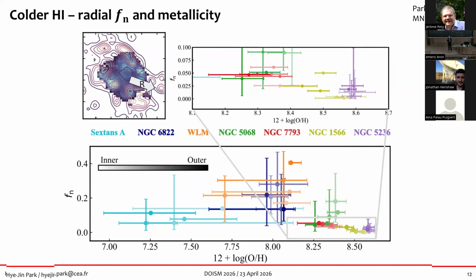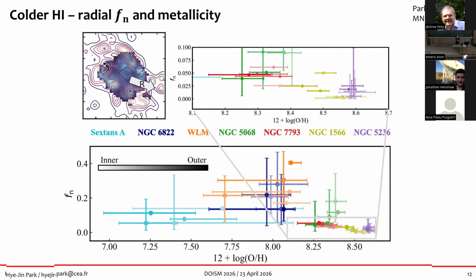We binned the distribution of narrow component fraction and the star formation rate, also the metallicity. And then this plot is a bit complicated. Each color means each galaxy, and the darker points are the outer side of the galaxy, and the brighter is inner.